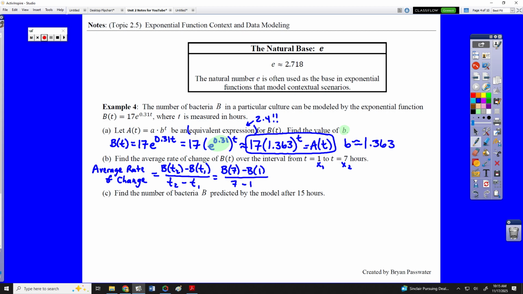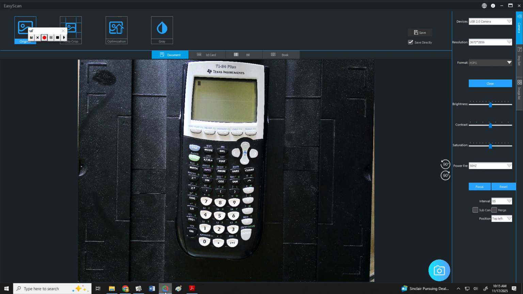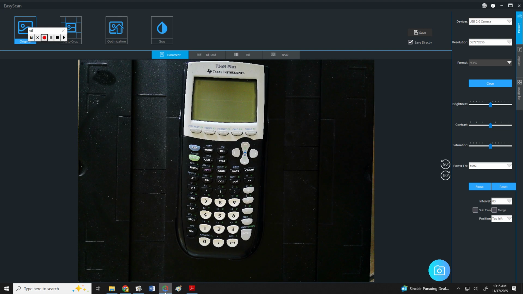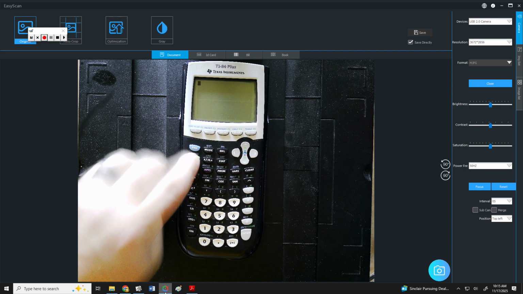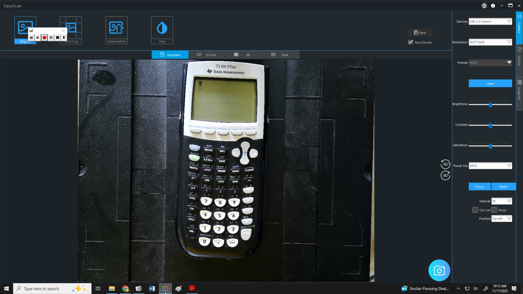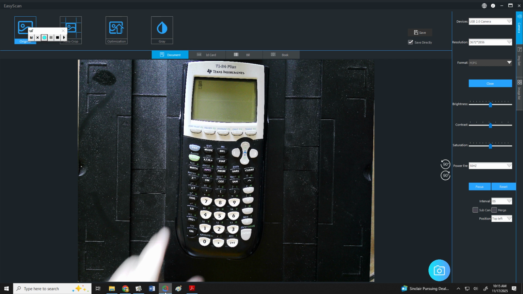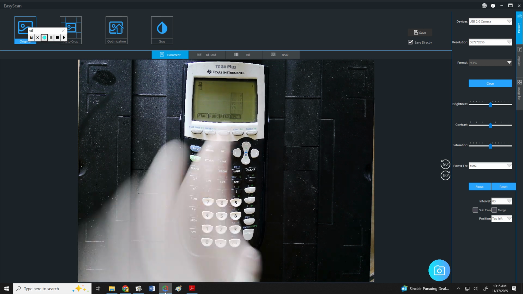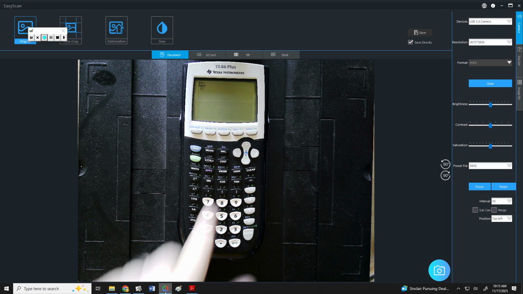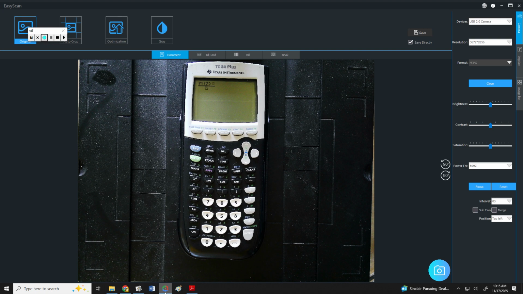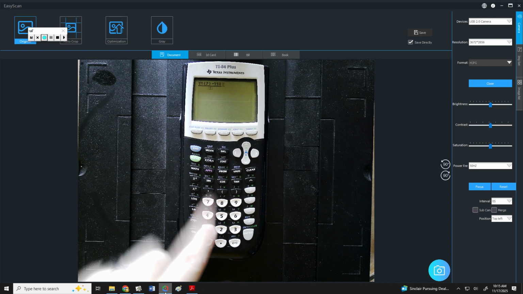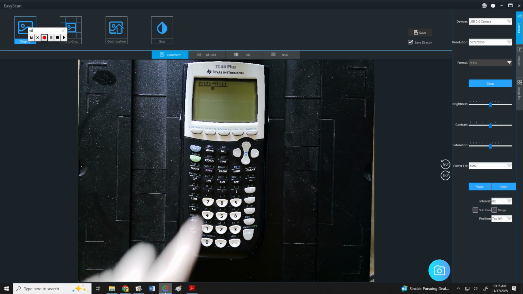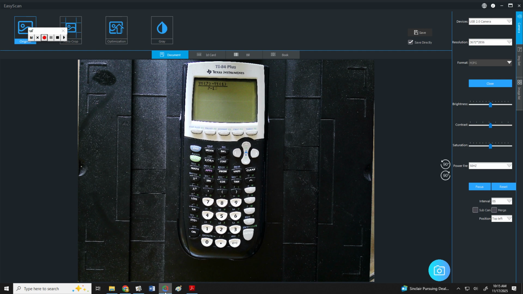Well, in the calculator, we can do that. All we need to do is get our fraction notation, which we hit alpha y equals and choose n over d. And then in there, we're going to hit alpha trace to get y1, which we want to feed 7, minus alpha trace y1 of 1, arrow down to the bottom, 7 minus 1. That is the AROC value equation.